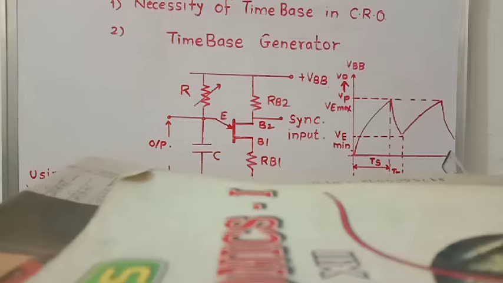on the CRT screen, the time-based signal is necessary, and this time-based signal is given to the horizontal deflection plates in CRT.